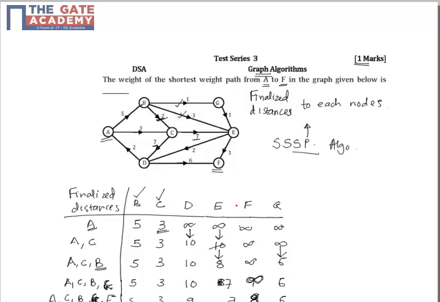Now we'll again pick the vertex which has the lowest weight, which is G. We'll consider G here and find the distance from G to all other vertices. There is an edge from G to E which has weight 1. The distance of A to G is 6, and there is an edge from G to E, so the distance of A to E will become 7.